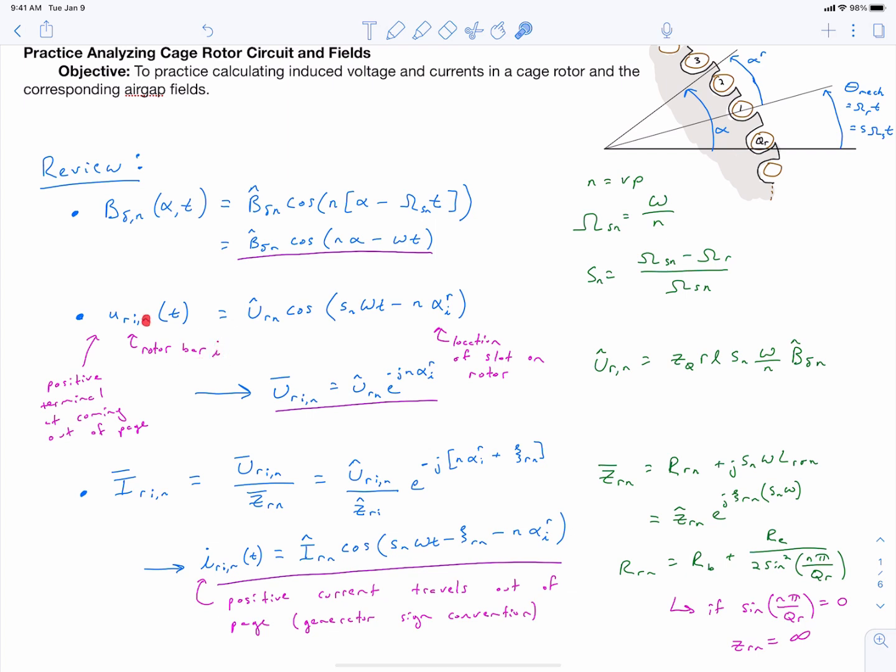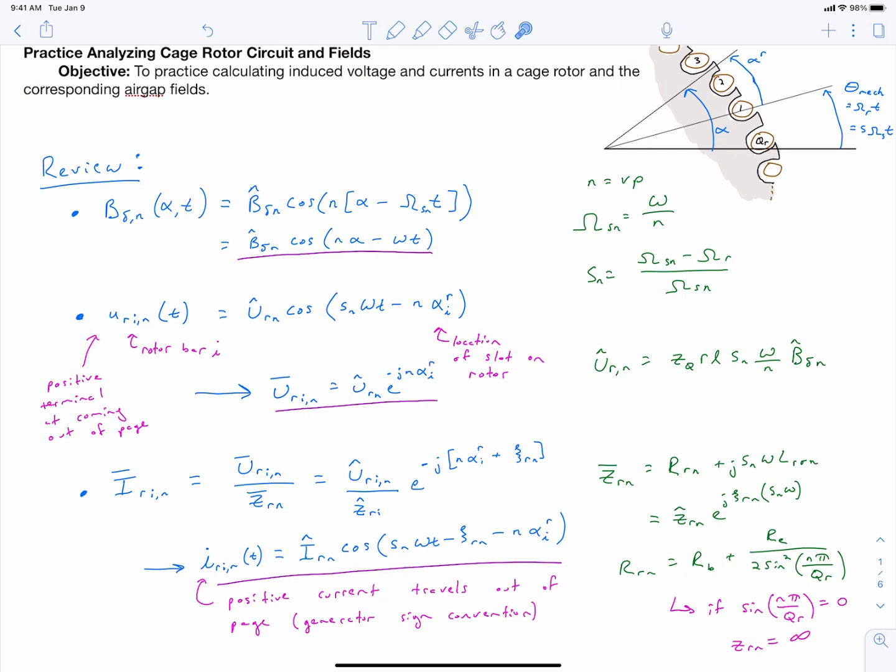And n is the harmonic that we're interested in over here. And remember that the way we've defined our voltage sign convention is that positive voltage is always up out of the page at us. Negative voltage is assumed at the bottom of the page or beneath the page.